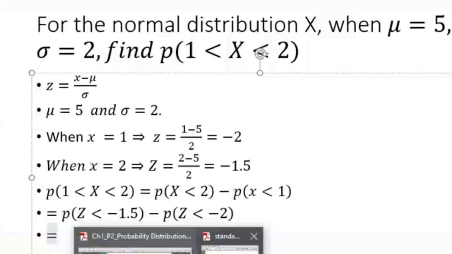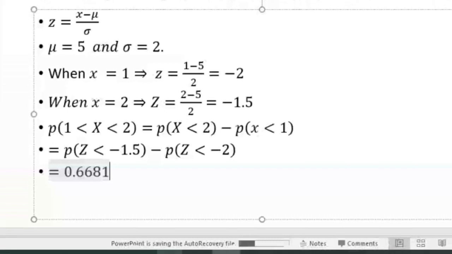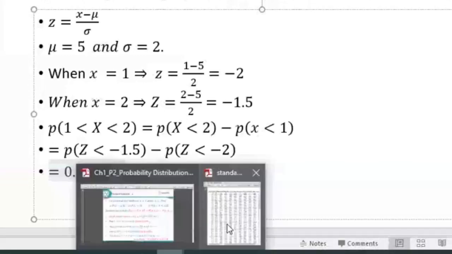Minus z less than minus 2: from the normal table, minus 2 is here, 0.0228, so we take 0.2275.